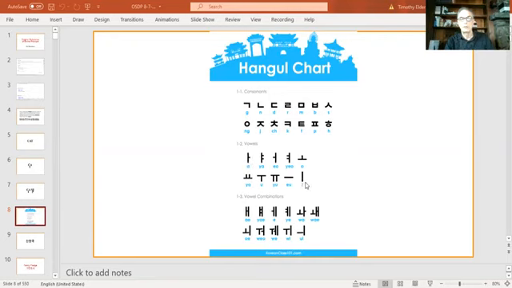So you put those two together and you find this combination vowel. The second combination vowel is also this one with the vertical line and 2 doohickeys, plus the last vowel. The third vowel plus the last vertical one gives you that one.